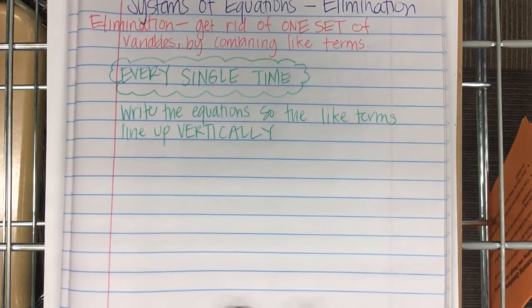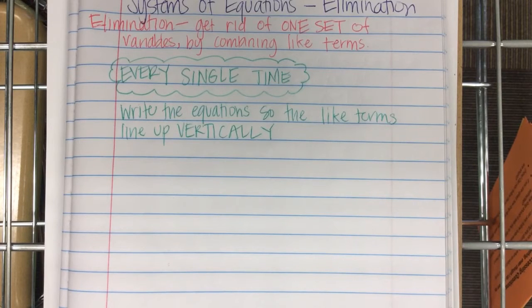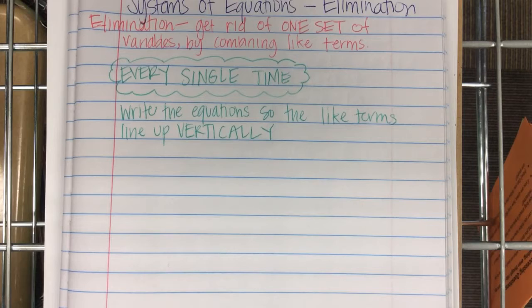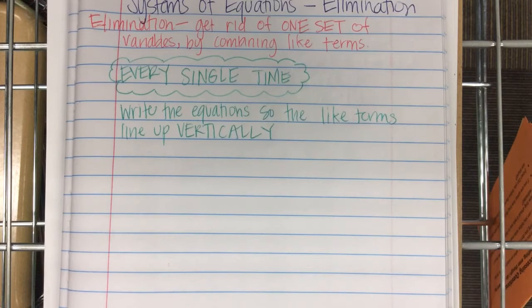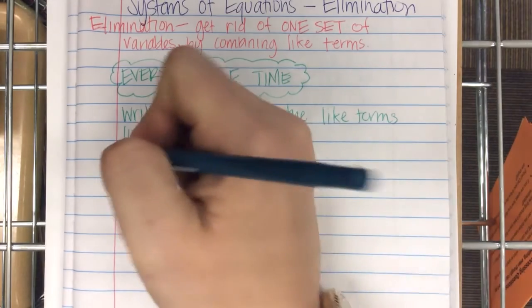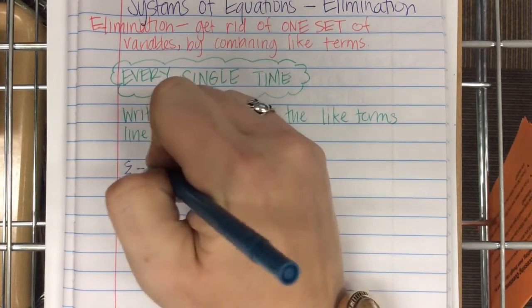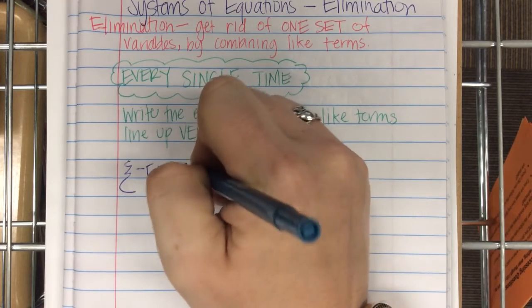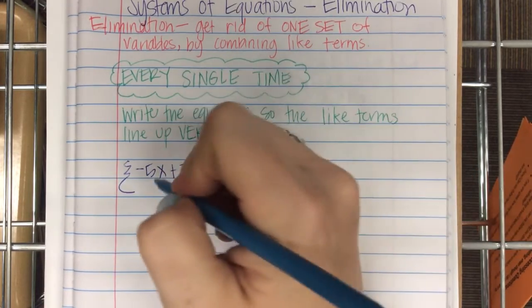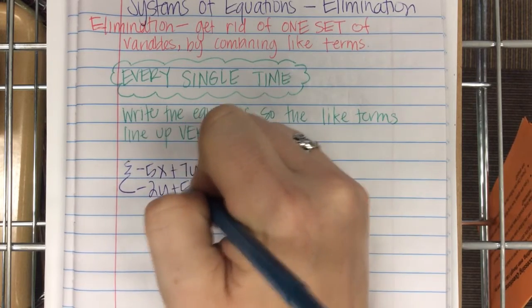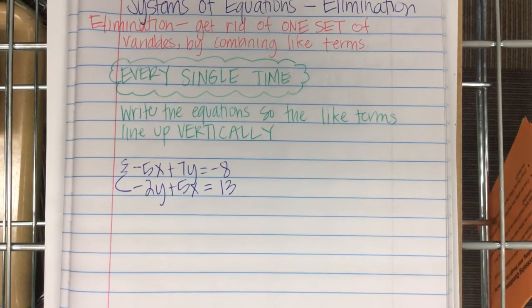Every single time, you want to write the equations so the like terms line up vertically. So let's do an example.